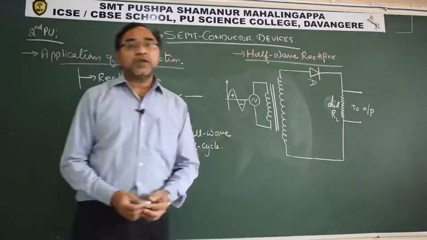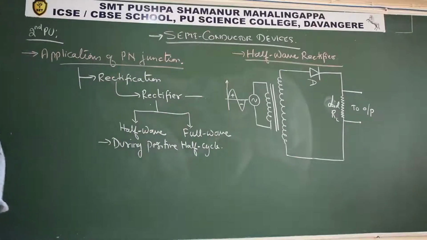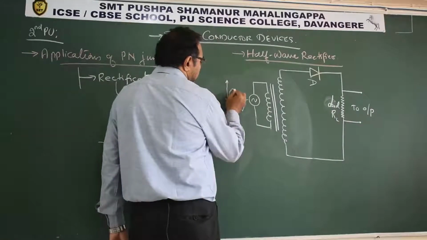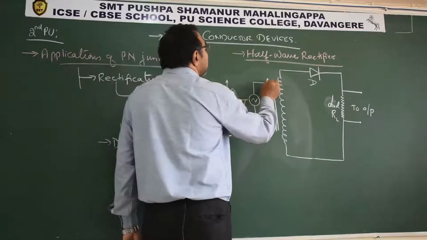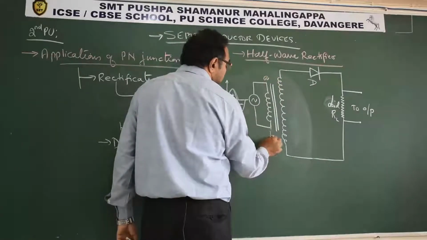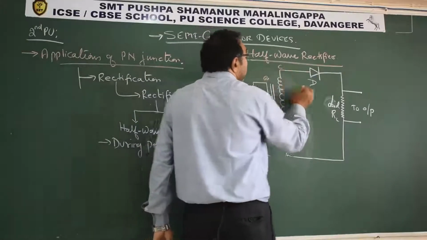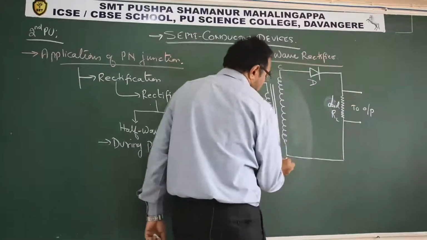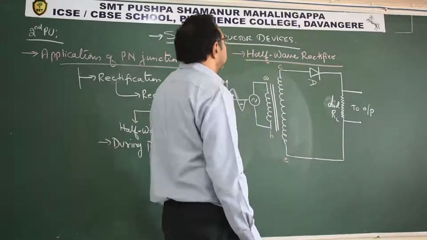During the positive half cycle means what? I will try to draw it clearly so that you will be able to make it out. The positive half cycle is this. Let us label the terminals A, B, C, D, E. Let us label like this.